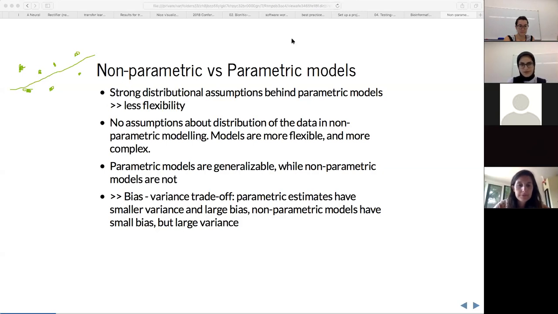Perhaps the other way, so let's go with a different color. Perhaps another model that will work similarly is a polynomial fit. This would also work. So your green line is more generalizable because it's less tuned to your data.